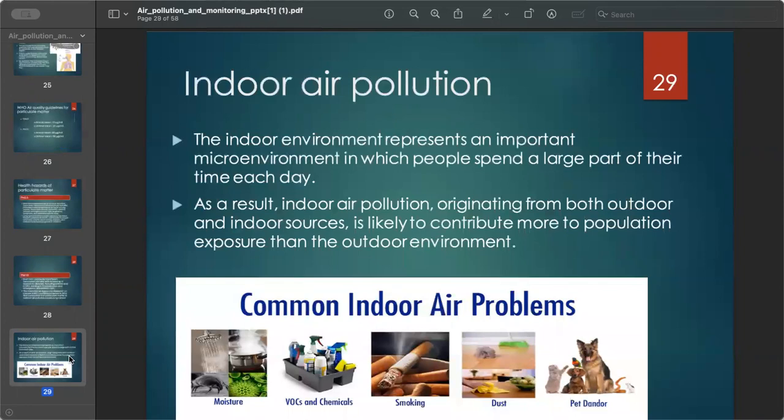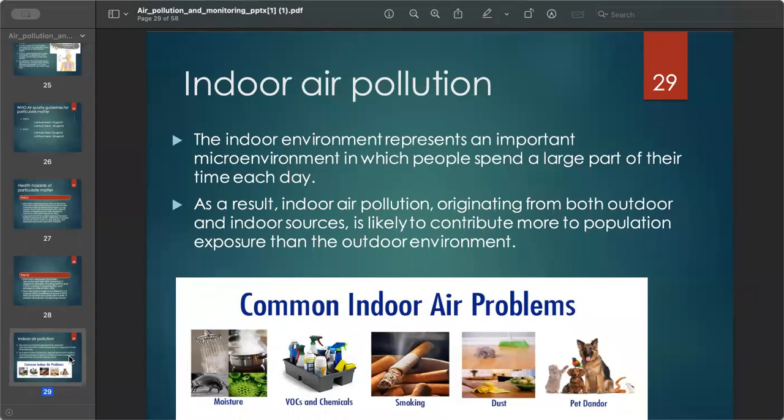Indoor air pollution. The indoor environment represents an important microenvironment in which people spend a large part of their time each day. As a result, indoor air pollution originating from both outdoor and indoor sources is likely to contribute more to population exposure than the outdoor environment.